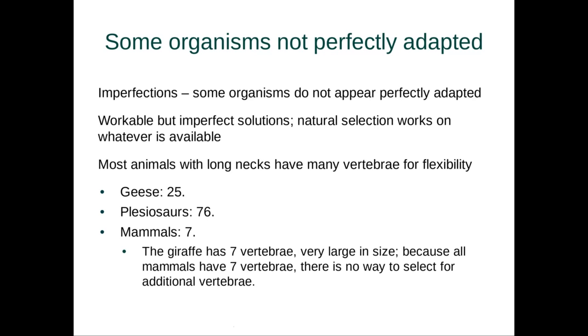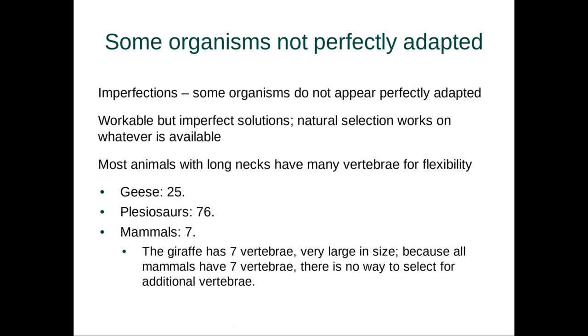Now, animals that have very long necks typically have many vertebrae for flexibility. So we see geese have 25 vertebrae. Plesiosaurs have 76, right? Plesiosaurs being dinosaurs. And mammals only have 7, which is not such a big deal with humans. But when you think about a giraffe, which sometimes can have a 20-foot long neck, they have only 7 vertebrae too.